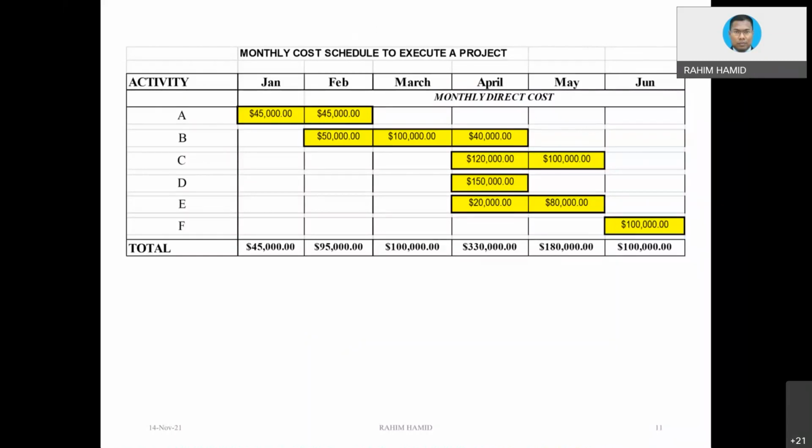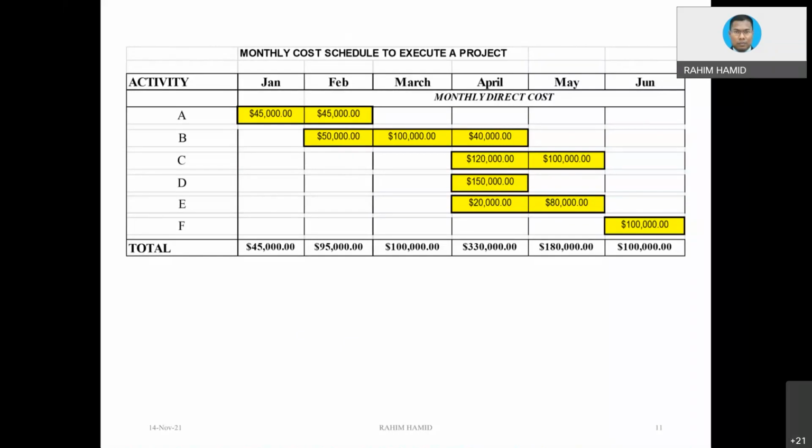If you can attach those things to your schedule, at the end of the day, you are going to see each of the activities should have costs. So an activity cannot be done without any cost, unless that kind of activity could be inspection. Yeah, inspection, you need people also, but some of the people's salary might be covered by the monthly salary, which is already in the indirect cost.